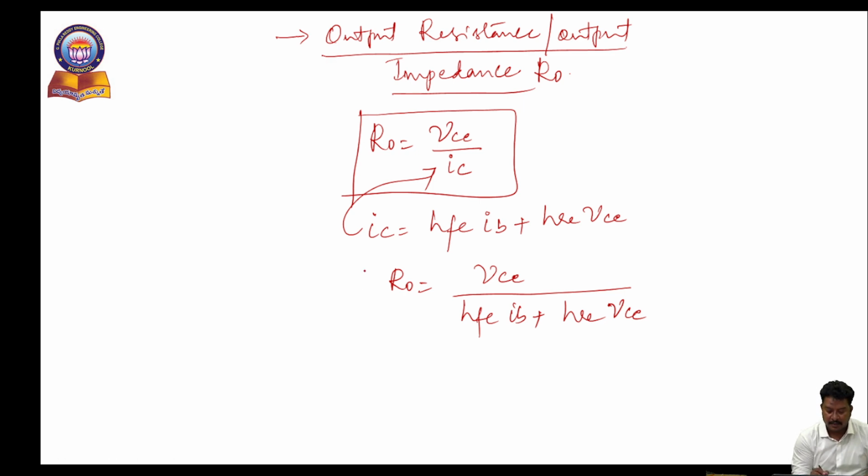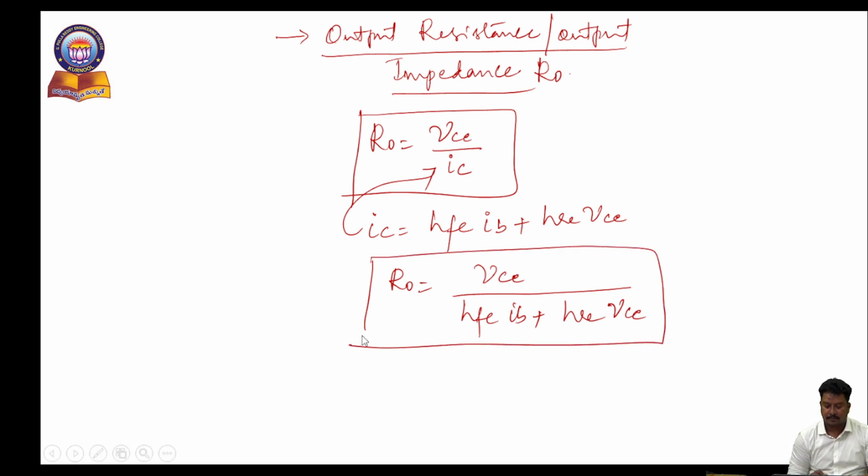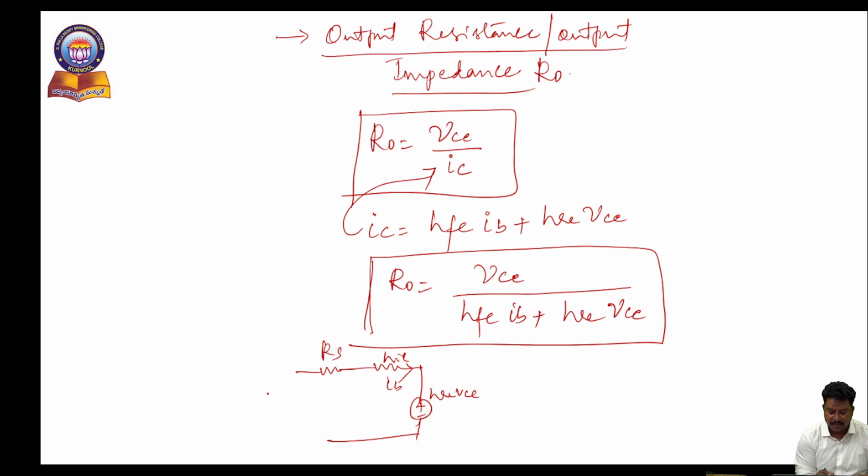Now from the AC equivalent model, once again I am trying to simplify this R naught. It is not completed; I am just trying to highlight here. Once again I draw the AC equivalent model, with h_ie, h_re V_CE, this is I_B, and the source resistance which is connected.